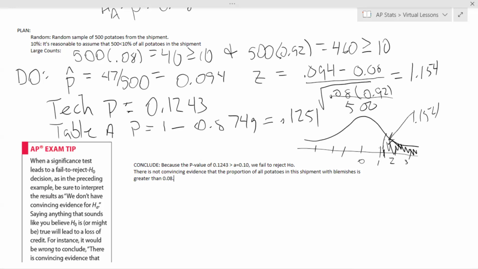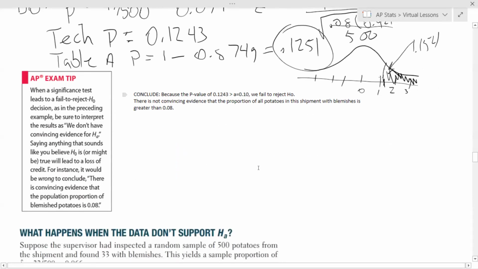The p-value ends up telling us here that a sample proportion this large or larger would occur in about 12.5% of all random samples of 500 potatoes if the null were true. So while the probability is kind of small, we can't rule out sampling variability, especially since our significance level was 0.1.